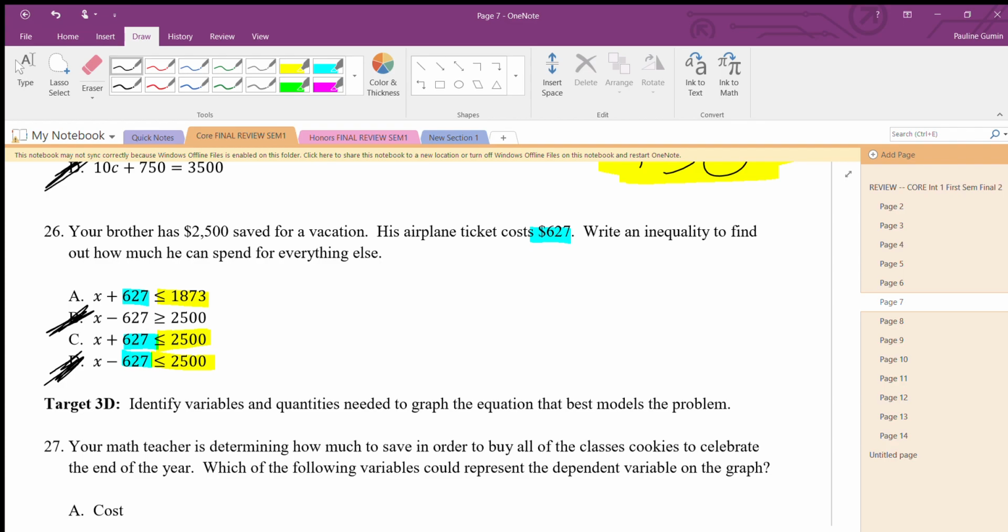An unknown amount and $627 should be less than how much money? Well, it should be less than the amount of money that you started off having, which is 2,500. Letter C is our answer. That was a very wordy explanation. I'm going to write down another option. Maybe it will help you.